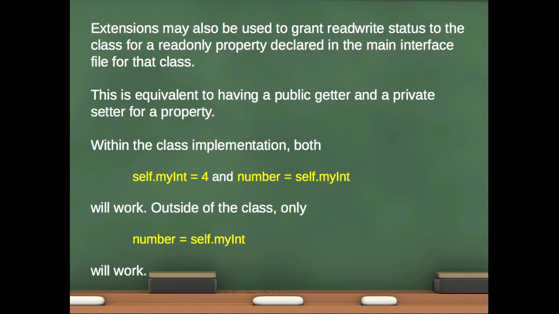So now, what will happen is, when we declare a property to be read-only in the main interface of the class, then the synthesize statement will synthesize only a getter for that. But if we put in an interface block in an extension that property is read-write, then within the class we will have a setter and a getter.